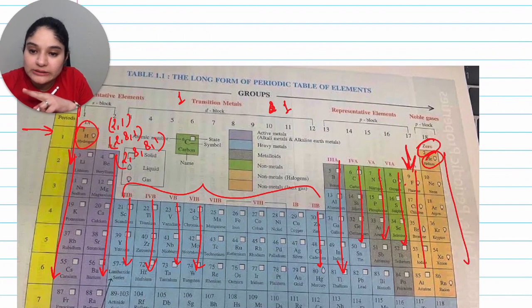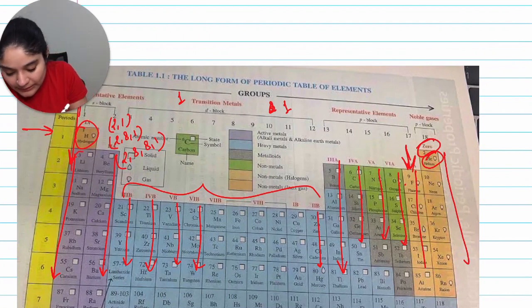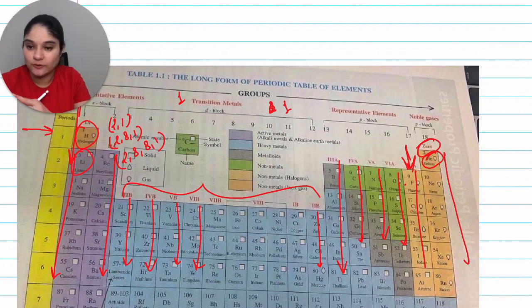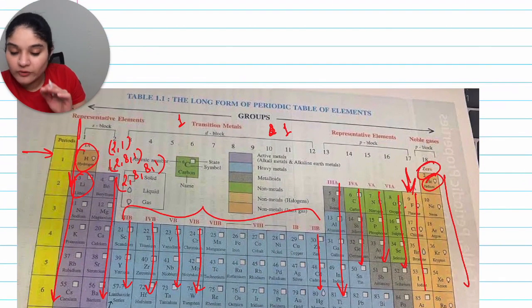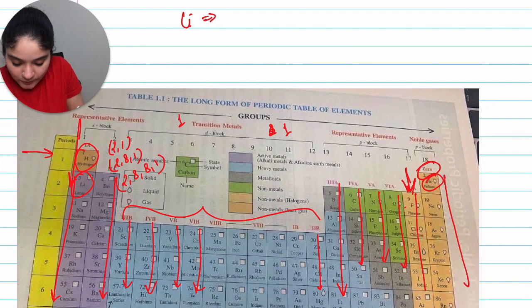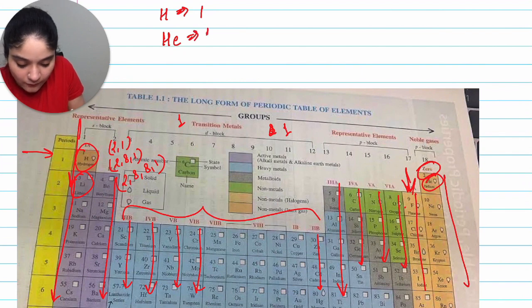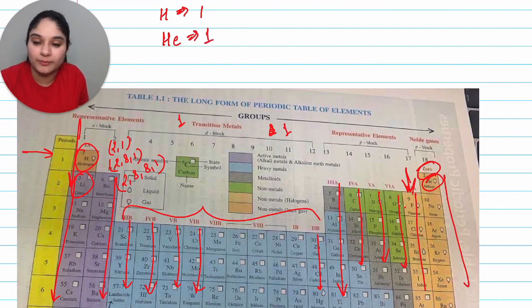Let me take a few examples. Hydrogen has 1, then we have helium, which will also have 1. This is the number of shells. This is the first period.